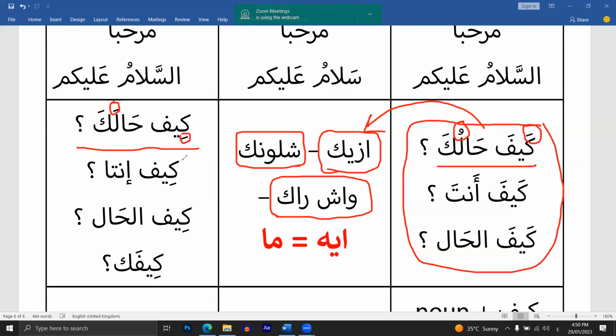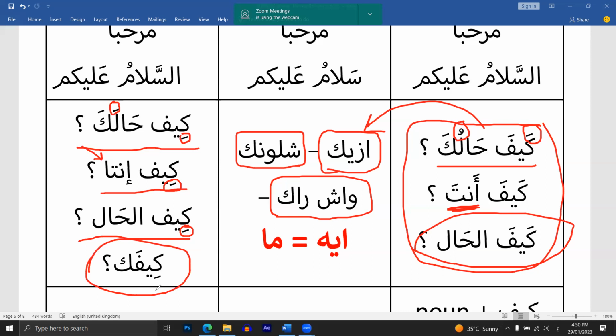كيف أنت? We still have this كسرة. أنت means أنت, but we used to add this ألف. كيف أنت? And we can use this one, كيف الحال, the same as this one here, but again we have كسرة. I don't know, we have an issue with كسرة. Or generally, the most general is كيفك.